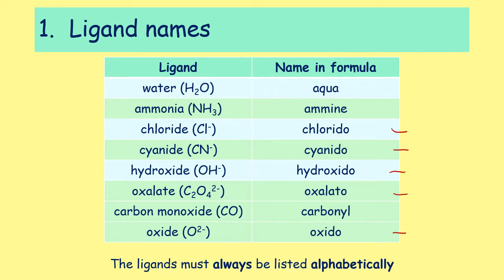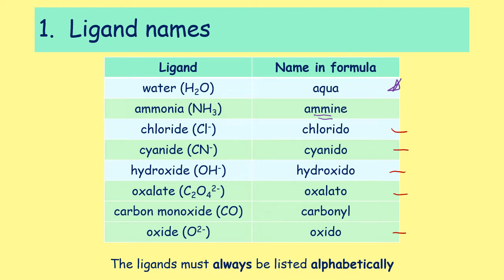That leaves us only 3 other ligands. Water, which is aqua, and that's relatively straightforward. Ammonia is ammine. Now, it's really, really important that you use the double M in ammine.